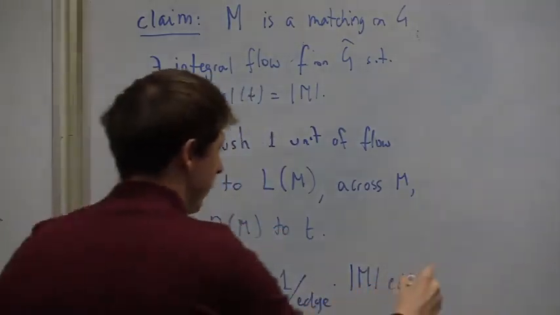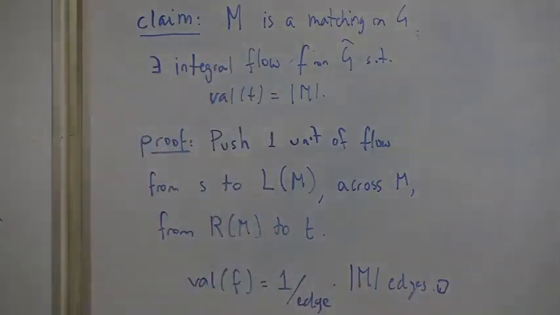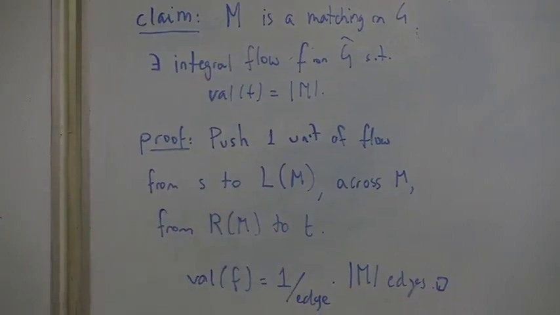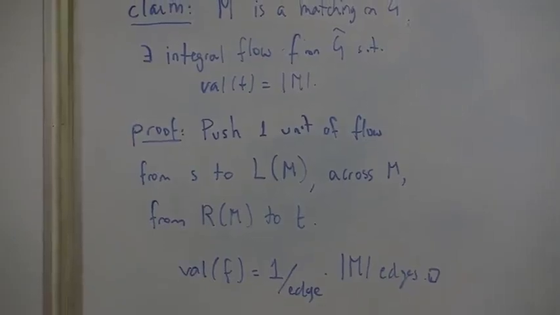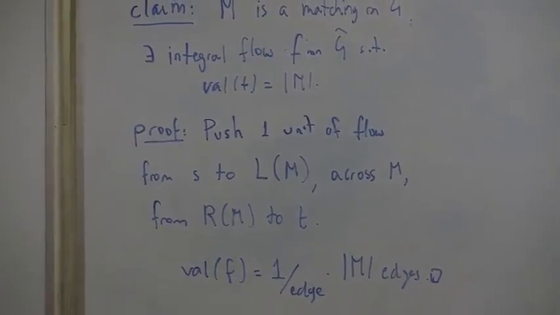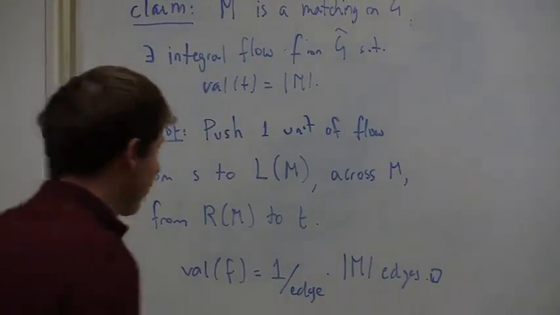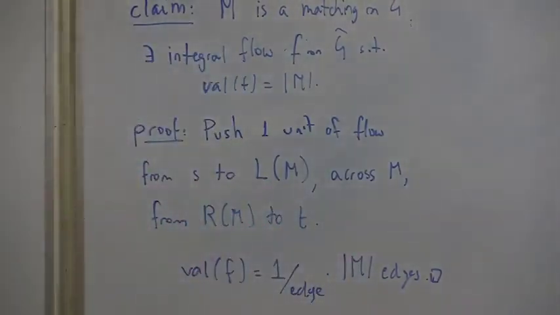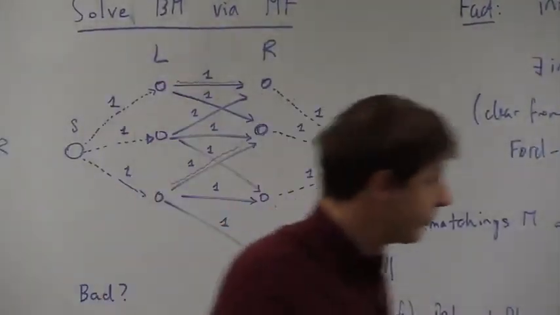Okay, and so that proves this claim. So anytime you have a matching, I can turn it into an integral flow on the network G tilde. This is not surprising because it was the intuition behind this construction.